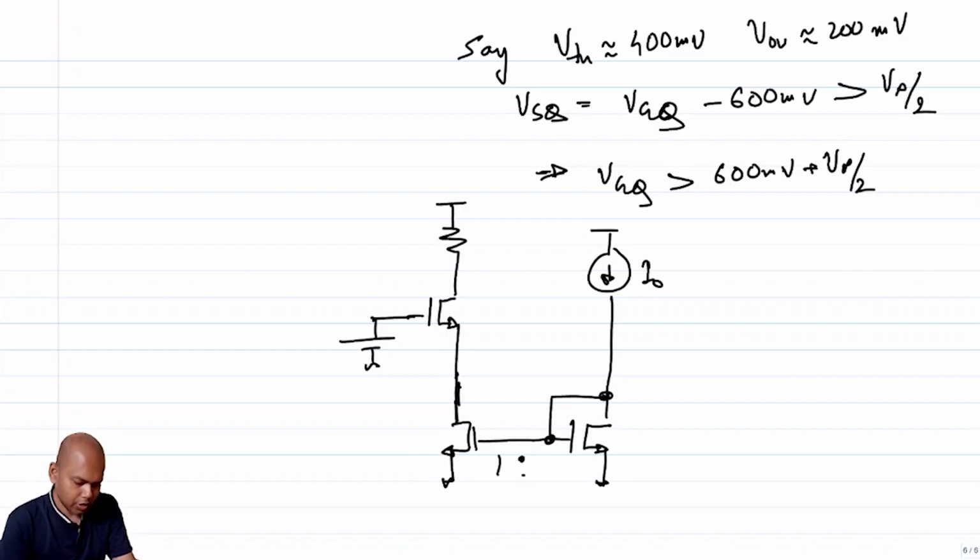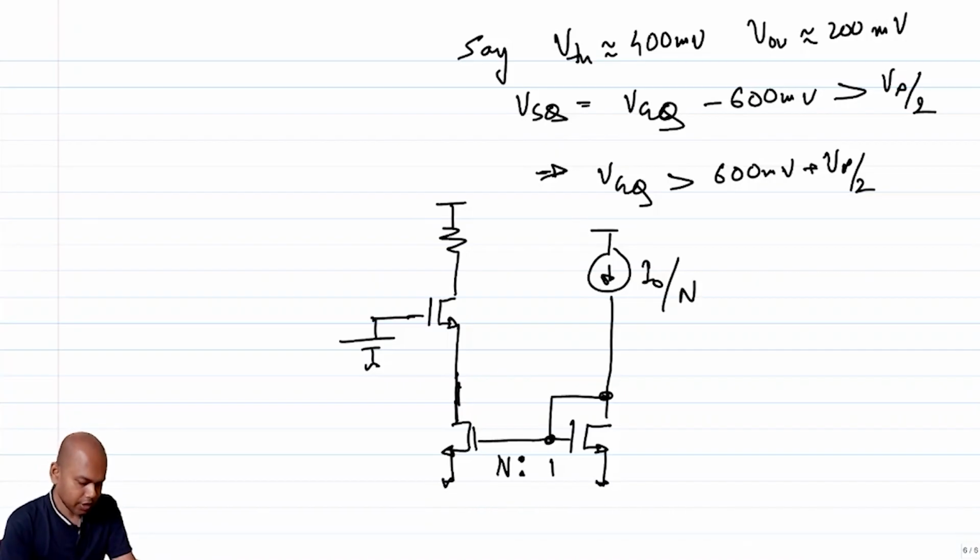If this is 1 is to 1, then obviously the current I naught is going to get mirrored. If you want to save current in the biasing, then you make it 1 is to n and make this I naught by n.